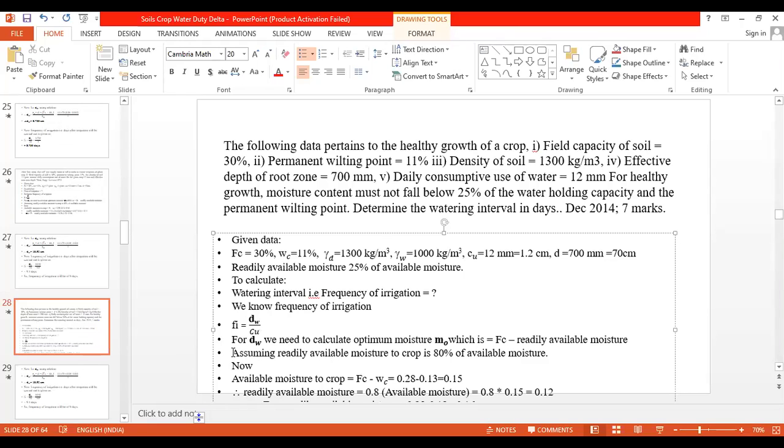Why 25%? Because they have given us that the moisture content must not fall below 25% of the water holding capacity. Field capacity and permanent wilting point, that moisture is considered as available moisture.